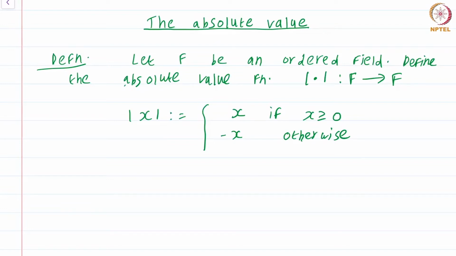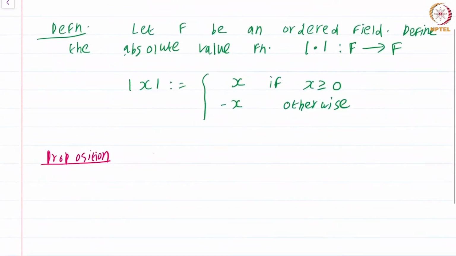So we will require only the basic properties of the absolute value. One big inequality we will require later in series. It's better to do it right then and there. So let's state a theorem, or rather a proposition. It's not such an important thing to call a theorem. Proposition. Let F be an ordered field.